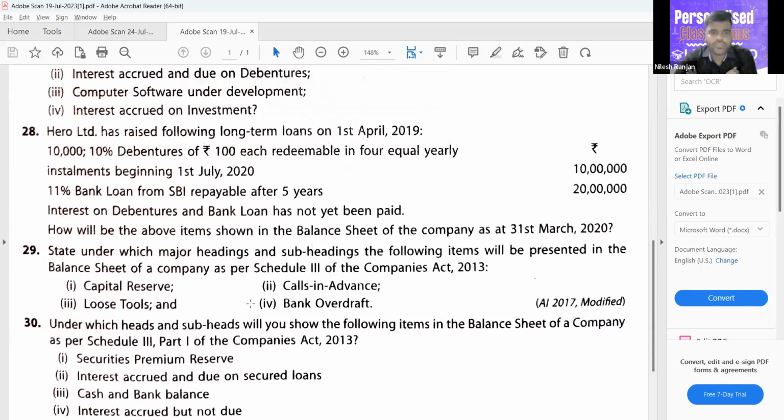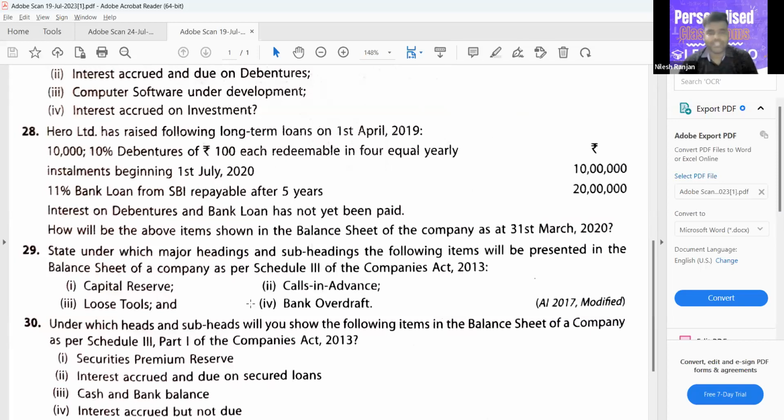Interest on debenture and bank loan has not yet been paid means we have to pay these liabilities.